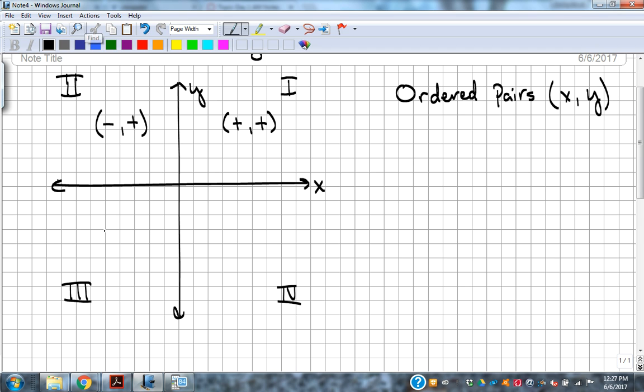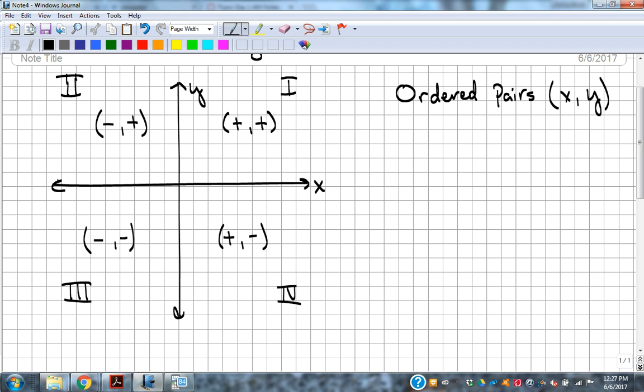In the third quadrant, they're both negative, not necessarily -1, but just negative in general. And in the fourth quadrant, the x values are positive, the y values are negative. So just recognizing those sign changes can help you tell what quadrant an ordered pair would be located in.